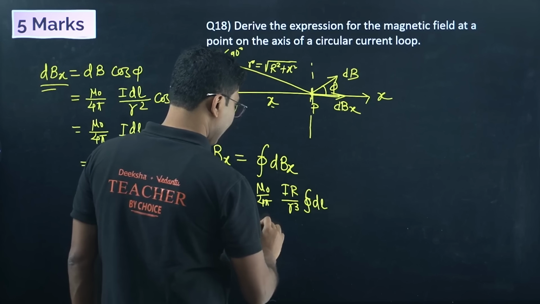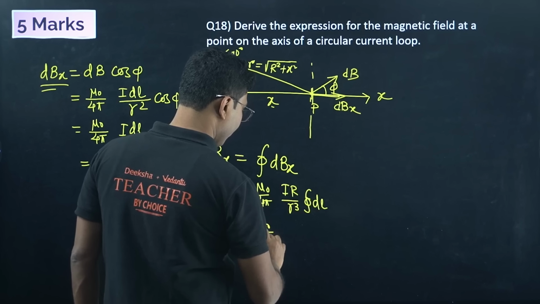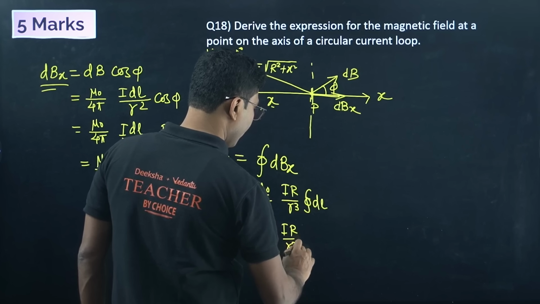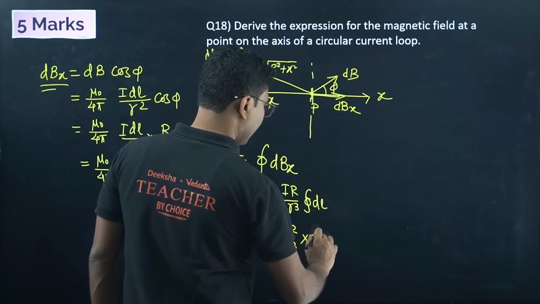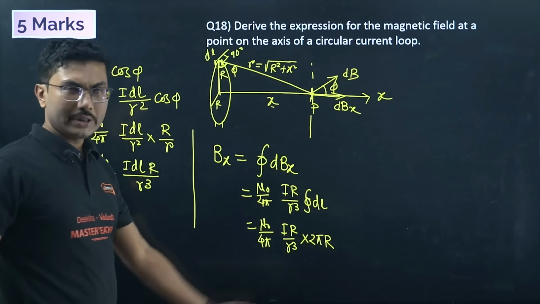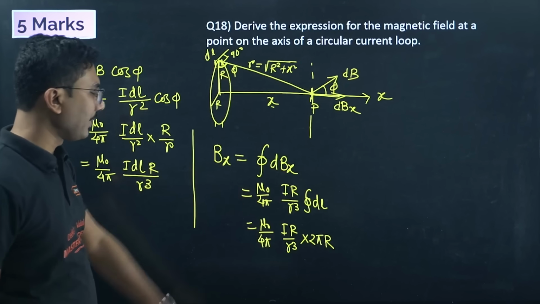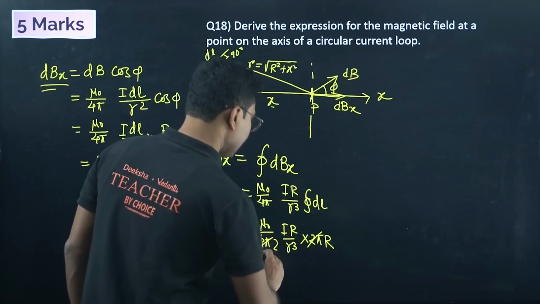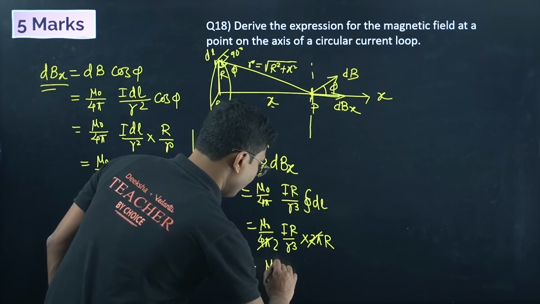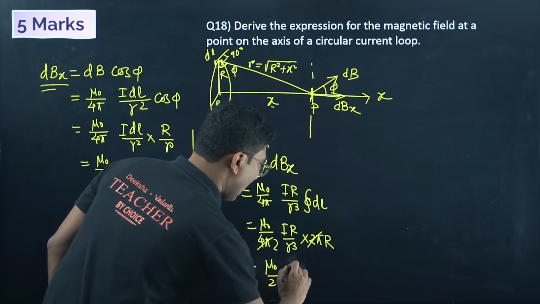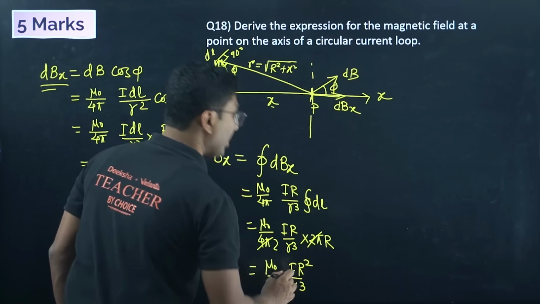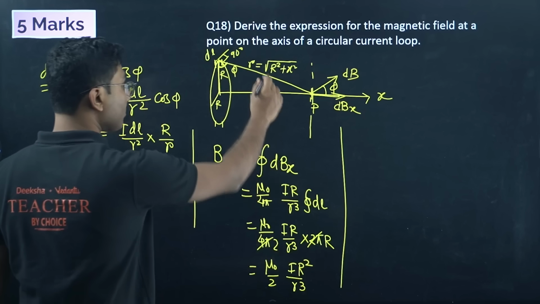If you add all such elements, you will get the circumference of the circle. So you can write μ0/4π I R by r³ into 2π capital R. Because this is a circle, the radius is capital R. So 4π and 2π cancel and you get μ0/2 I R² by small r³. At the last step, you have to write the value of small r³.